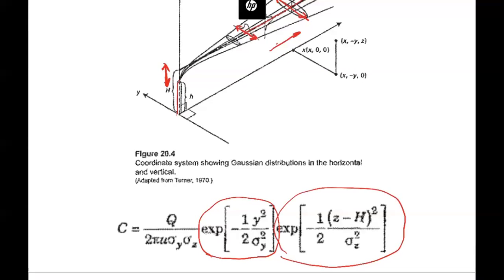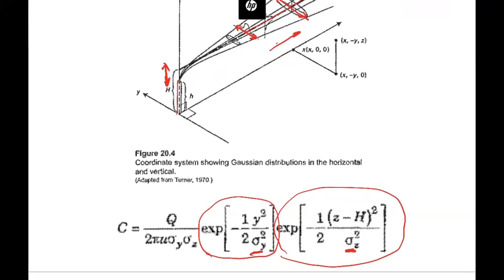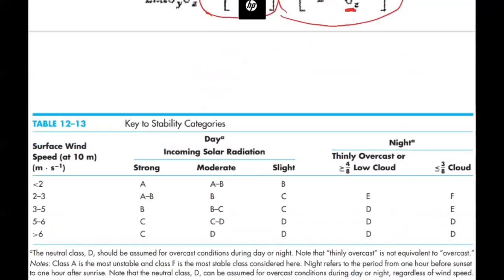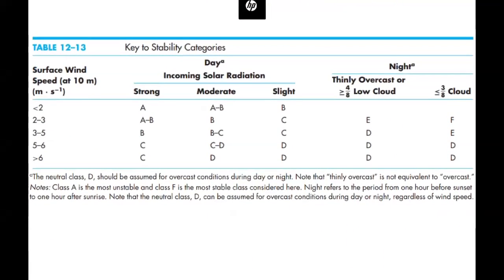Okay, so this is two Gaussian distributions multiplied together. And the spread of this Gaussian distribution, the sigma y and sigma z, really depends on how stable the air is. So you can find out the values of sigma y and sigma z based on the stability categories.